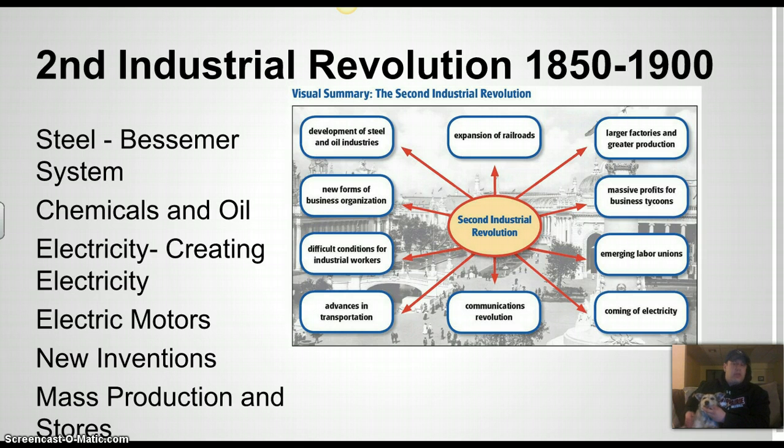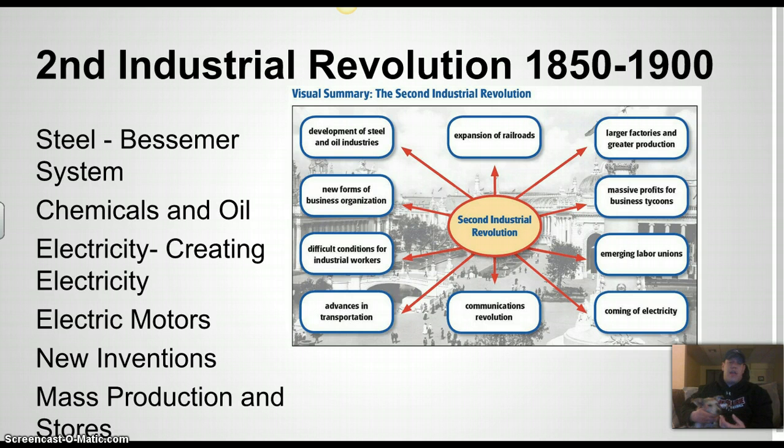Other new inventions come around as well, to save time and save energy. The car is a big one, and the video camera, and all these other inventions we talked about in class on Tuesday. All these new advances are another big part of the Second Industrial Revolution. And lastly, we have even bigger mass production. You have larger factories, better factories, the assembly line, all those new ideas, which means more and more mass production and more and more goods.